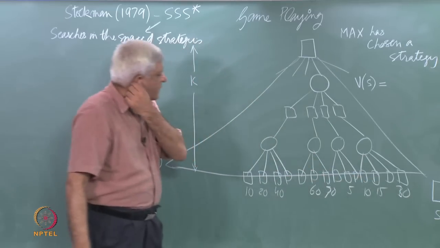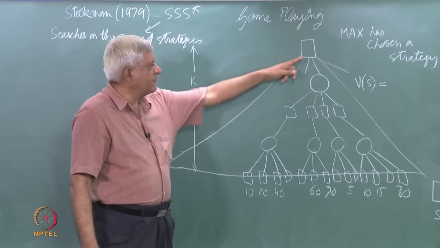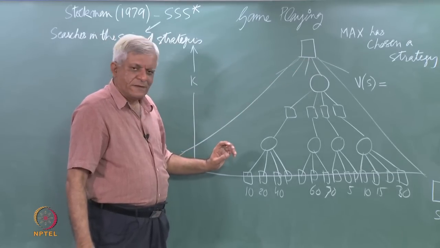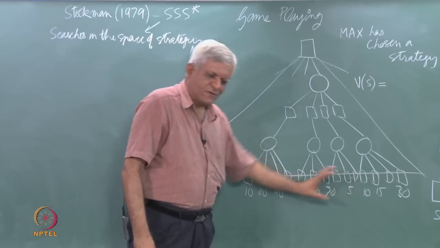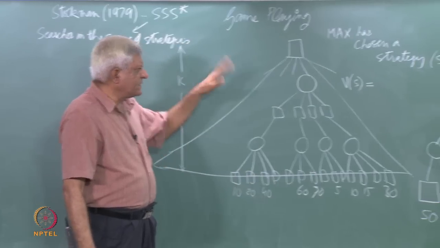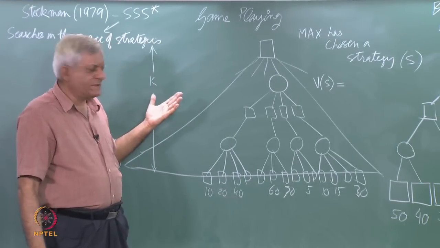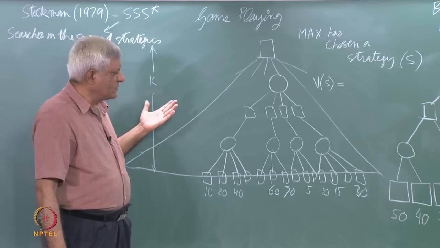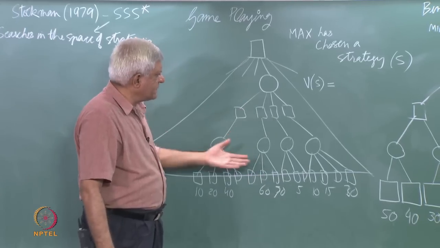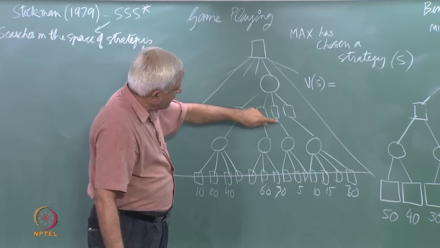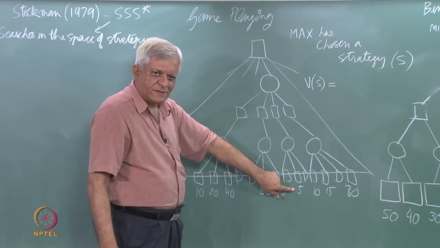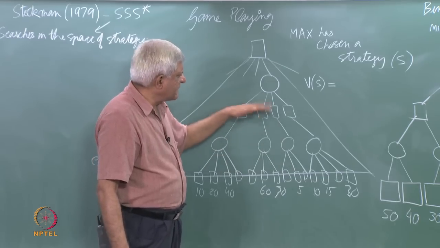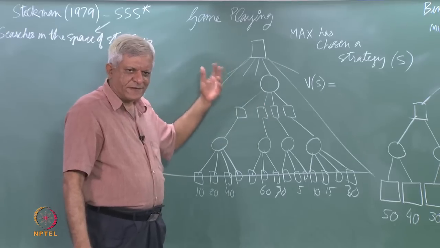What is going to be the minimax value when Max chooses this scheme? It is going to be the minimum of all these values, because once Max has frozen its strategy, it is only up to Min to choose. Min will do some analysis and say that if I make this move and this move, then I will get a value of 5, and Max has no more choices left, because Max's strategy is frozen.